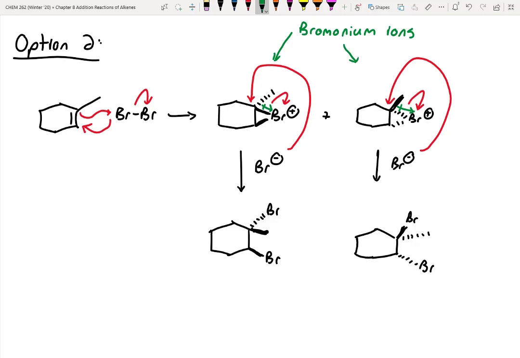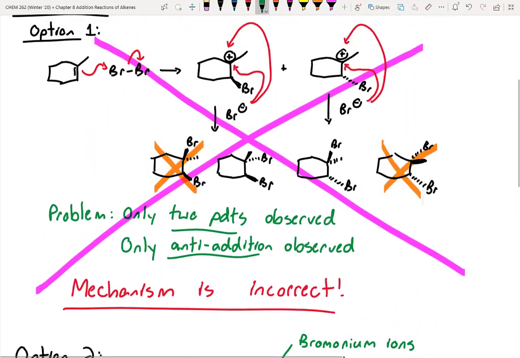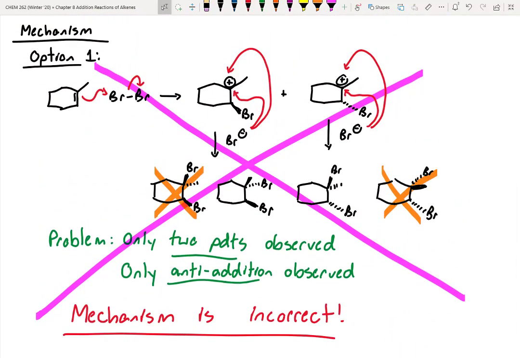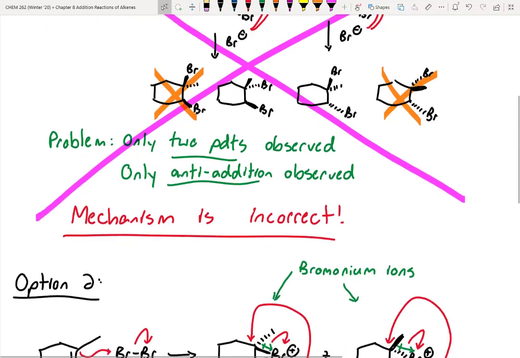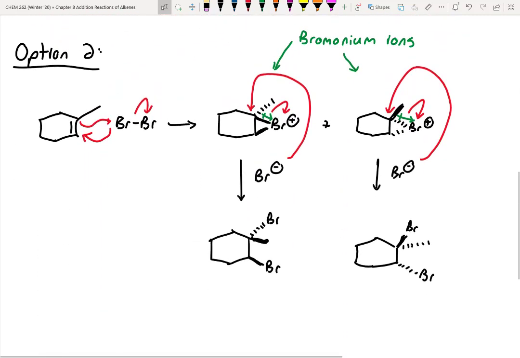But as far as we can tell as experimental chemists, this is the way the mechanism proceeds most of the time. We know that if we went through the carbocation mechanism, we would get many more products and we would get different stereochemistry out. So as far as we can tell, this is the best explanation.